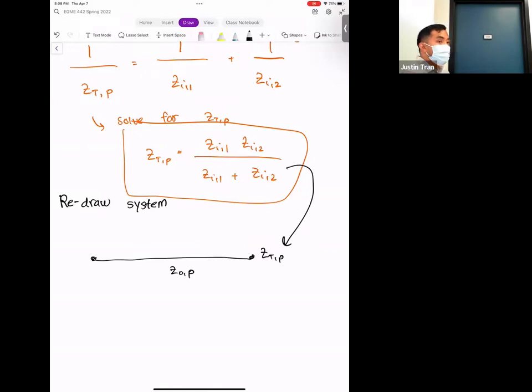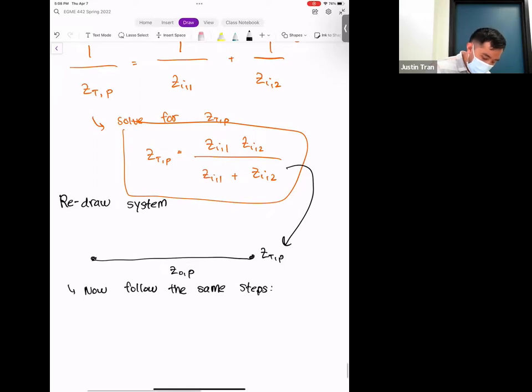And so now that we know terminal impedance and characteristic impedance, we can just follow the exact same steps that we did above to compute input impedance. First we're going to compute the reflection coefficient.